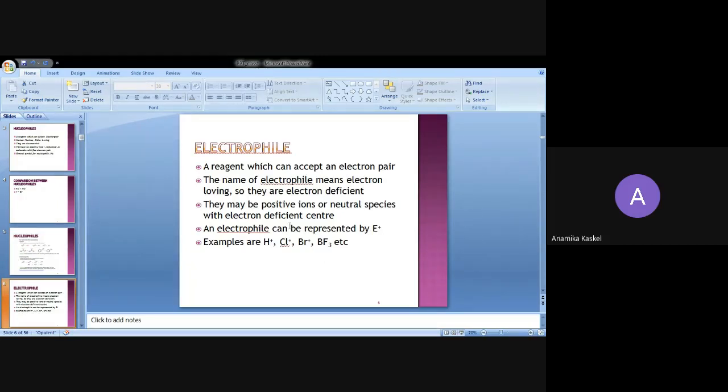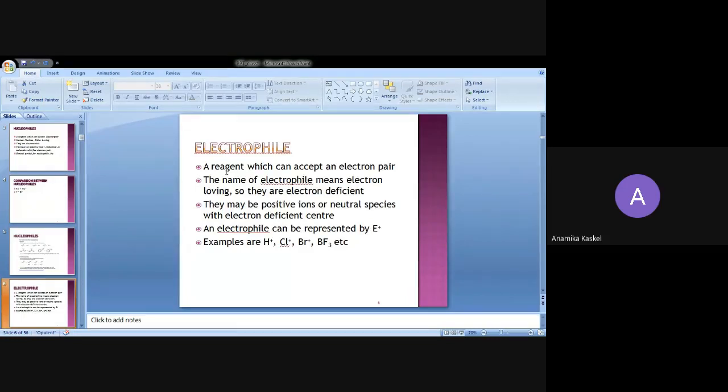So if you consider the electrophile, it is a reagent which can accept an electron pair. Electrophile means electron loving, so they are electron deficient like BF3. They may be positive ions or neutral species with an electron deficient center.